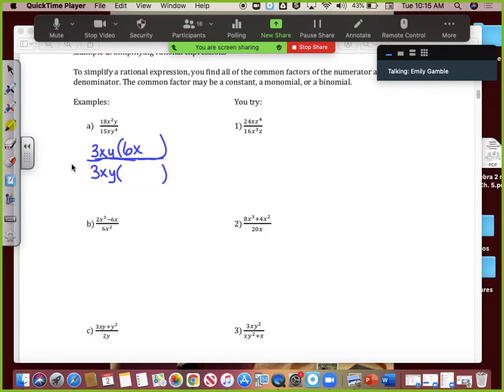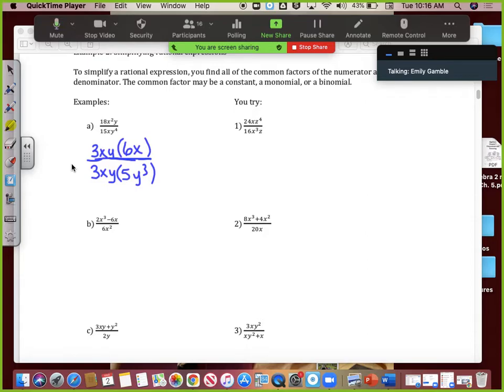And if I take the y out of y, there's really nothing left. So I have 6x left here on the top. And then on the bottom, if I take a 3 from 15, I have 5 left. If I take the x out of only 1x, there's no x's left. And if I take 1y from y to the fourth, I have y to the third power left.